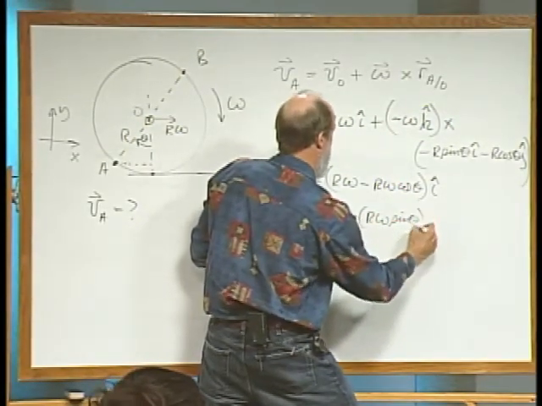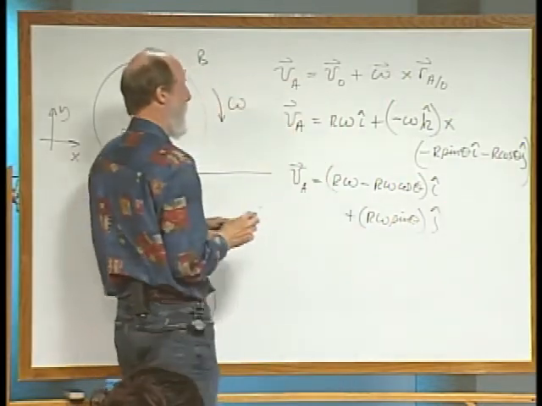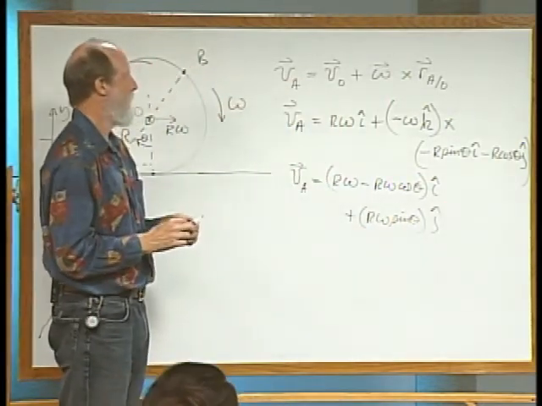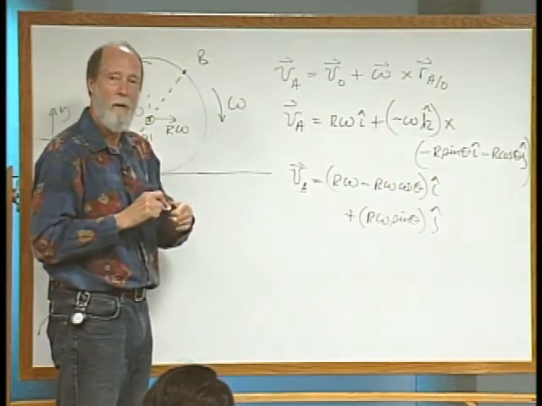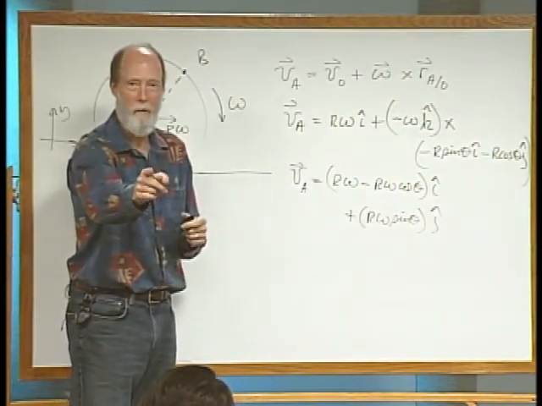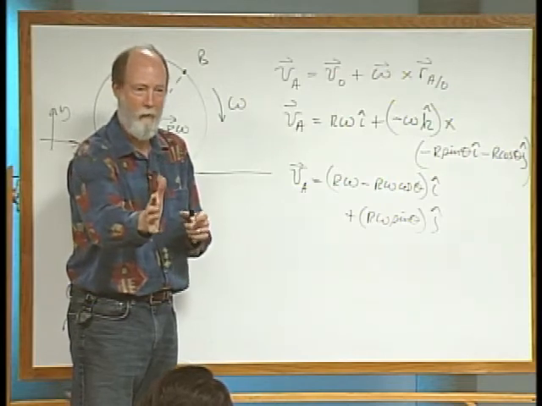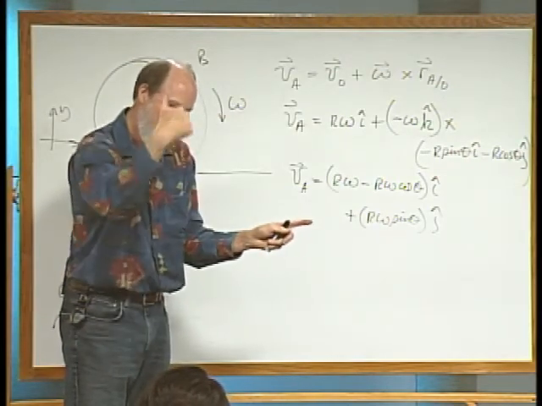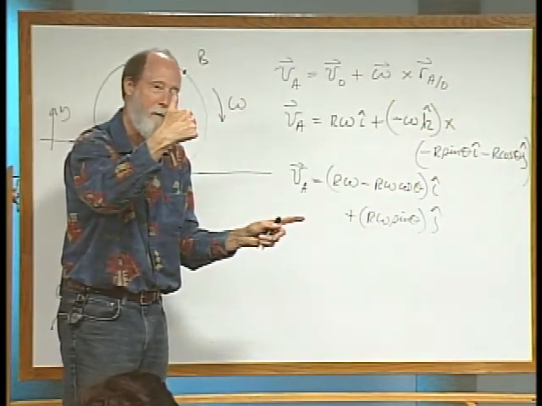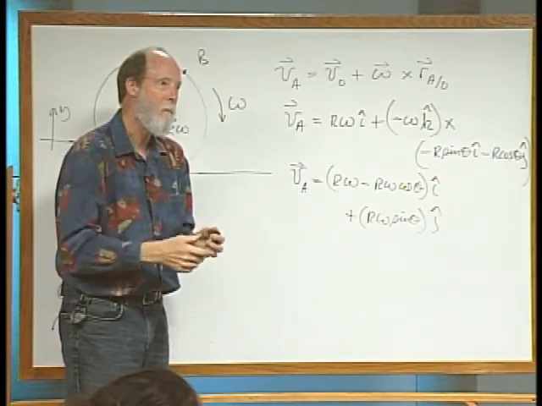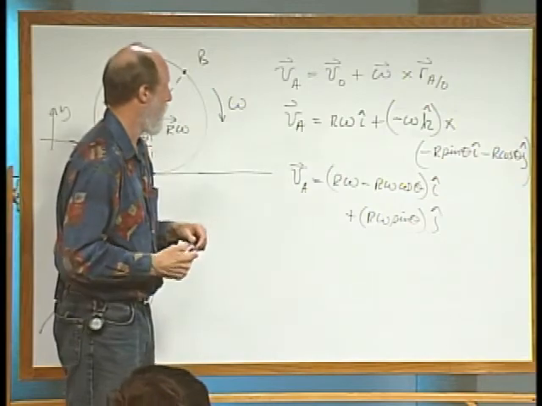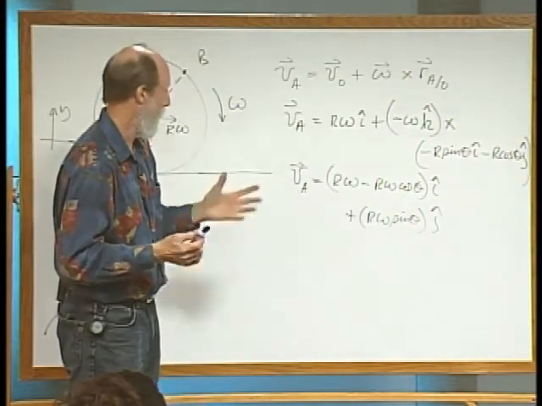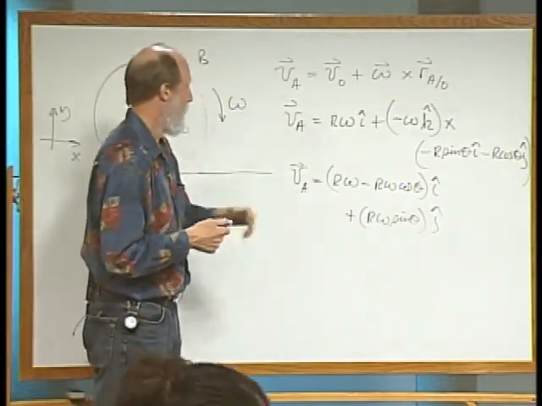Or negative K cross negative I. You can treat it negatively as well, as long as you're careful about it. You'll always end up with the correct thing if you do it right.